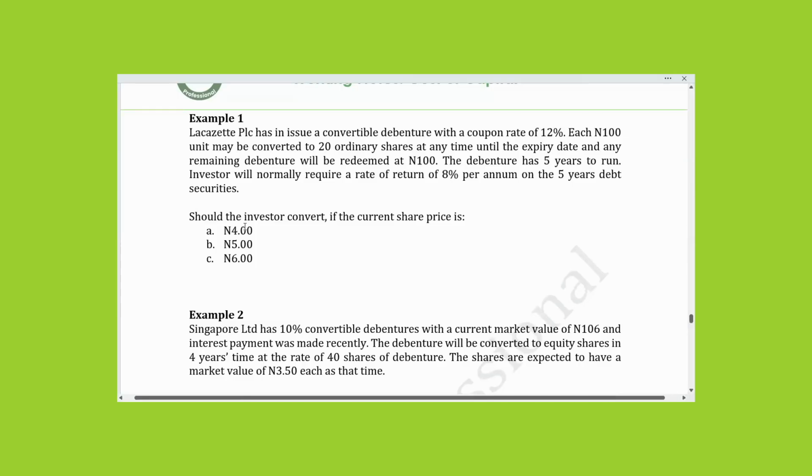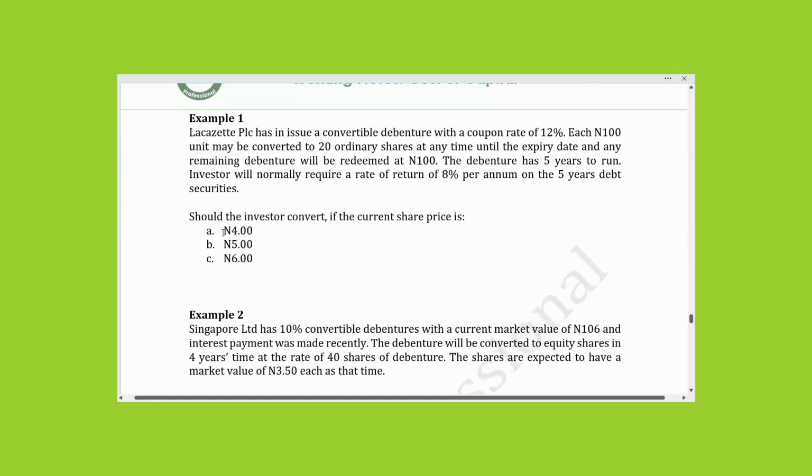For this particular question, very simple. The first thing you need to do is to calculate the current market value if the debenture is going to be redeemed. Then you compare that with the conversion value at 4 naira, 5 naira, and then at 6 naira.